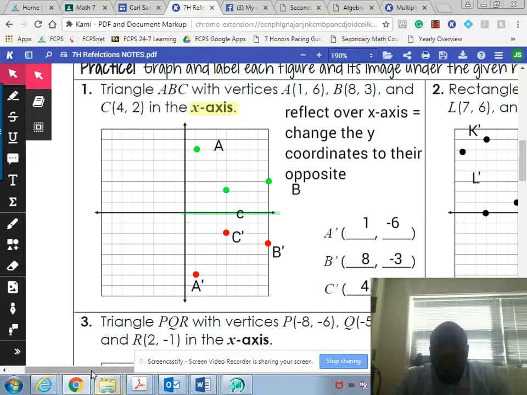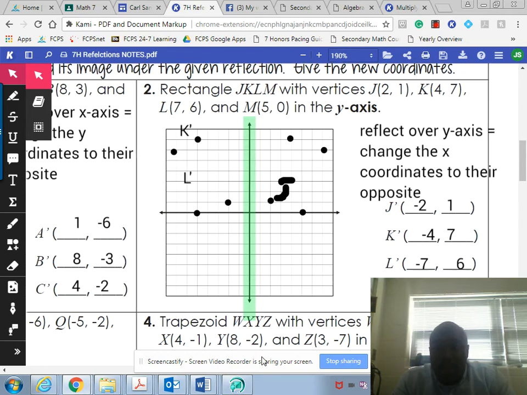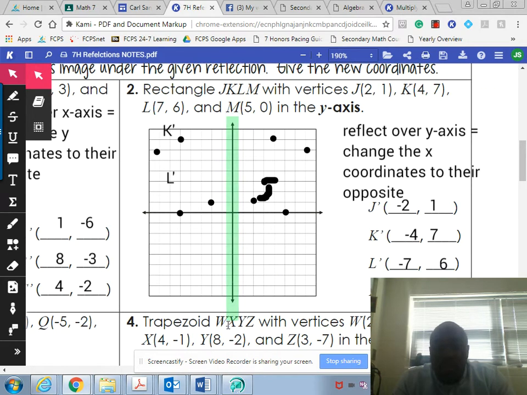Okay, so let's do an example where we reflect across the y-axis. Okay, so let's look at it. We plotted all these original points.